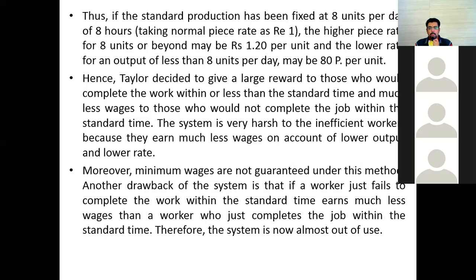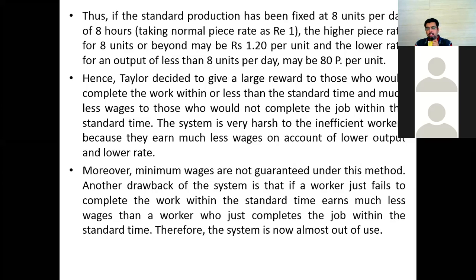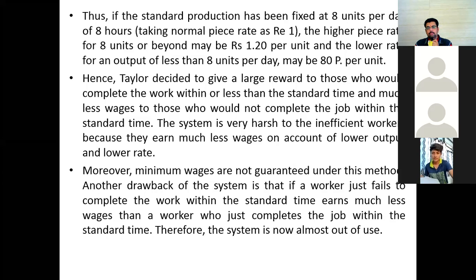Thus, suppose the standard production has been fixed at 8 units per day of 8 hours, that is, one unit of production is needed per hour. That depends on what kind of organization is implementing it, on their particular rules and regulations. On the basis of that, they will take action on the employees.